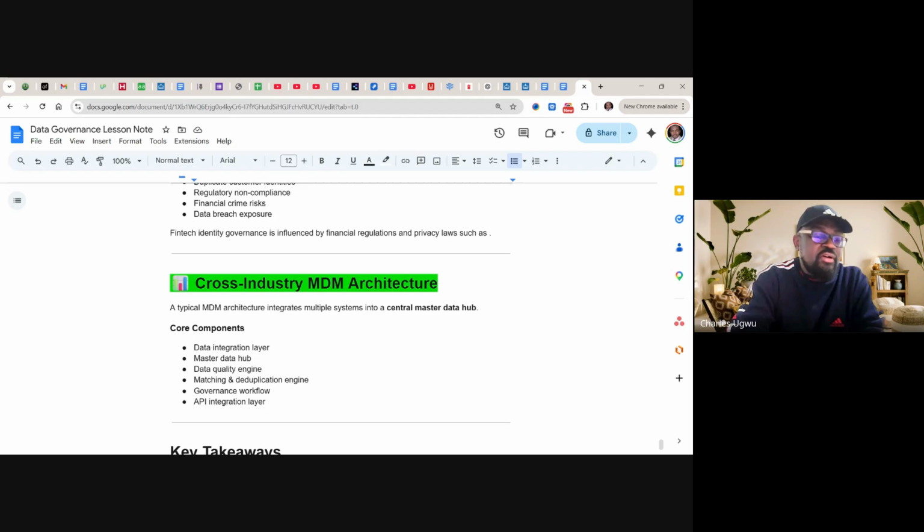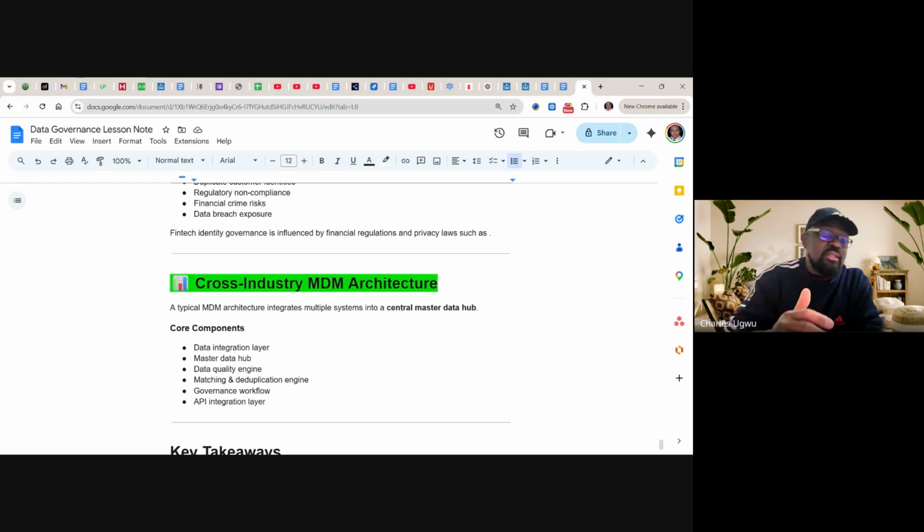They must have a data quality engine. They must have a matching and deduplication engine that will flag duplicates off. They must have a governance workflow. They must have an API integration layer. And that's it. So that's one thing across industry. No matter the system, this is the basic standard.